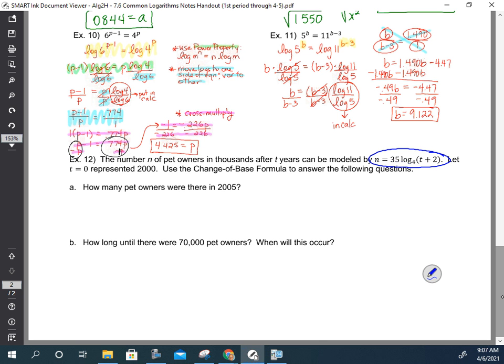They tell you that n is the number of pet owners in thousands. So if you get 1, 1 is the same thing as 1,000, is what they're trying to tell you.